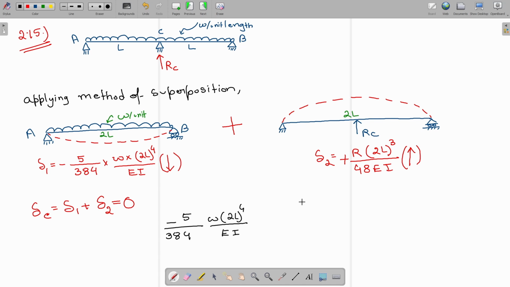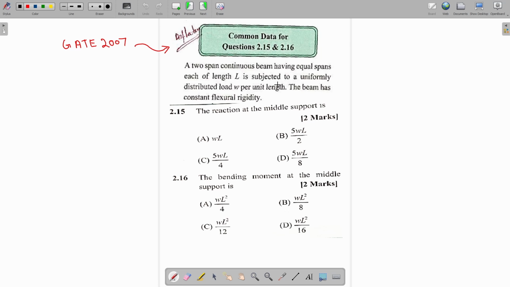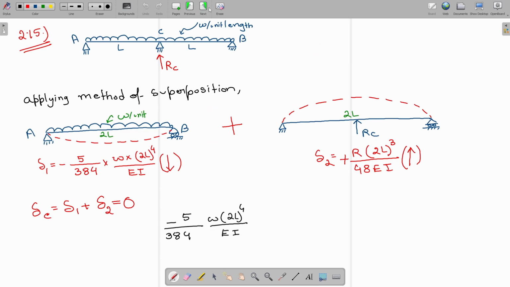EI is the flexural rigidity, which is given to us as constant.